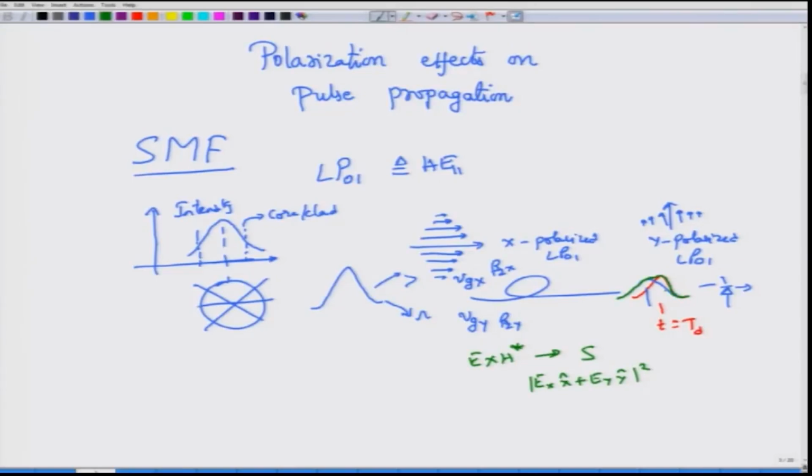So, you can clearly see that compared to the original pulse, the new pulse is now distorted. This is kind of two different modes interacting with each other. So, you can think of this as intermodal dispersion.